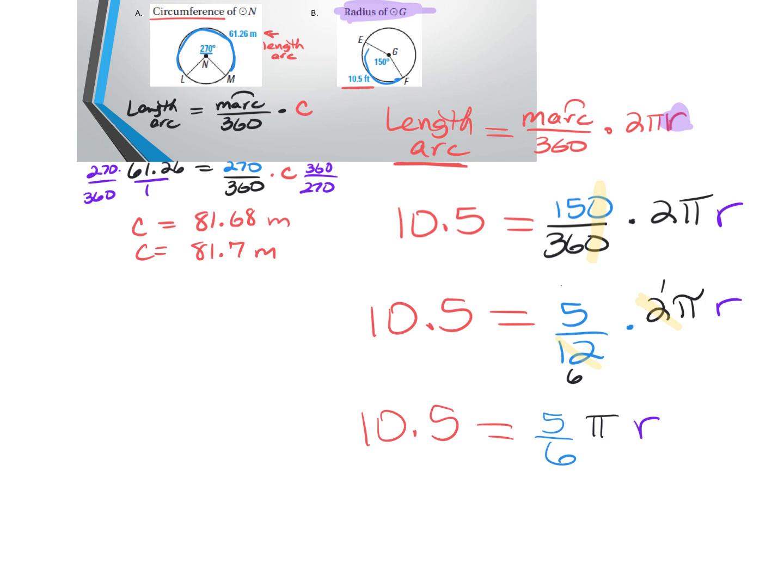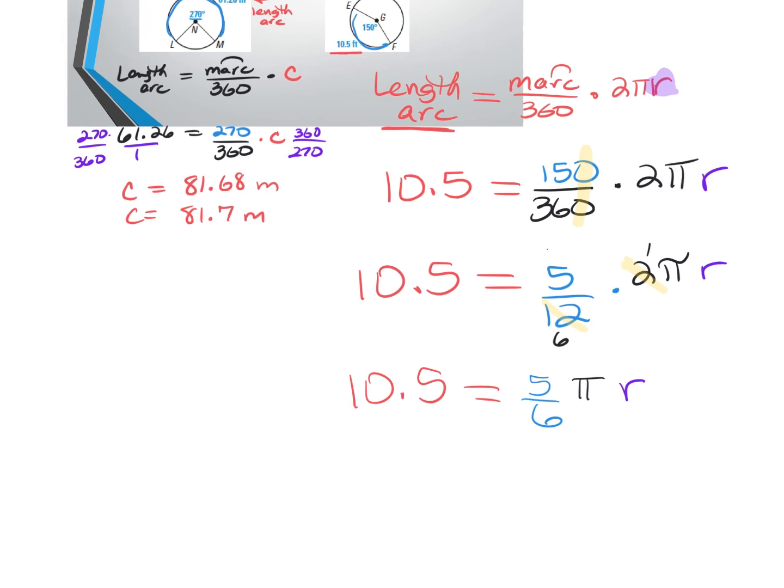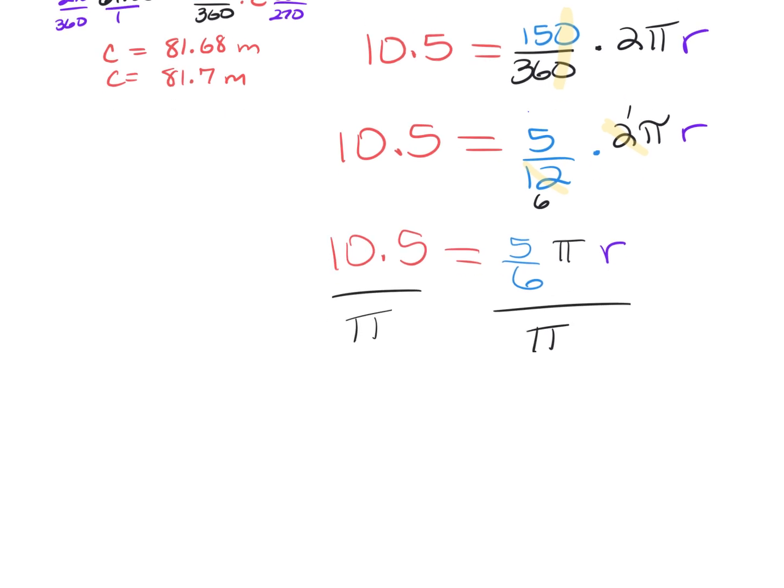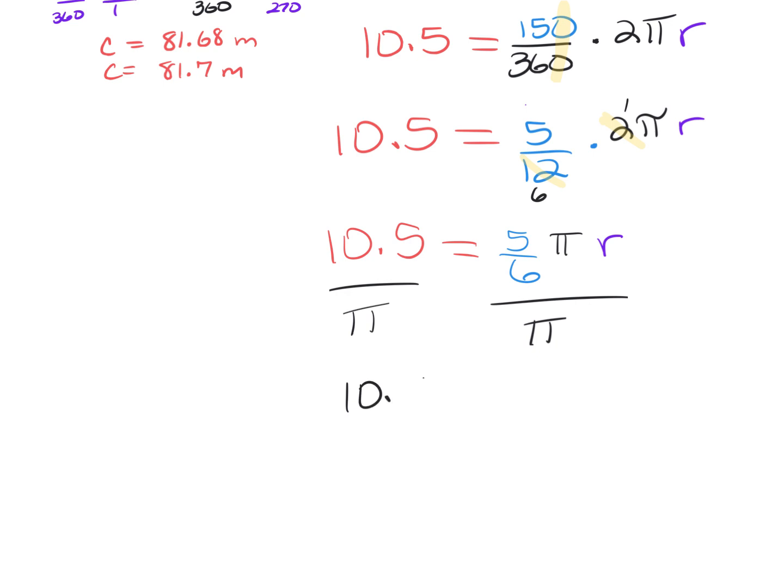Now this is if it were in terms of pi. If not, you could have just done everything on your calculator ahead of time. So then what I could do is get rid of the pi, divide both sides by pi. So now I'm at 10.5 over pi equals 5/6 times the radius. Now, if you'd rather do this step by step, multiply both sides by 6.